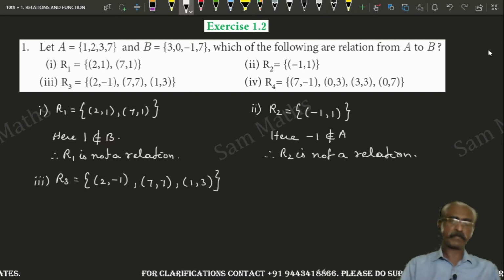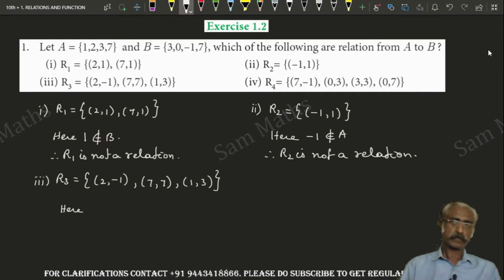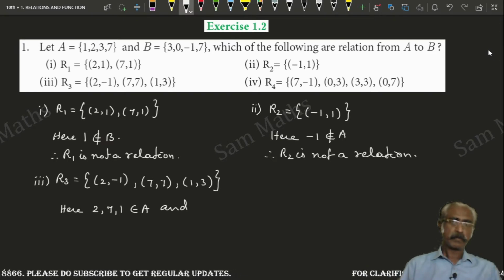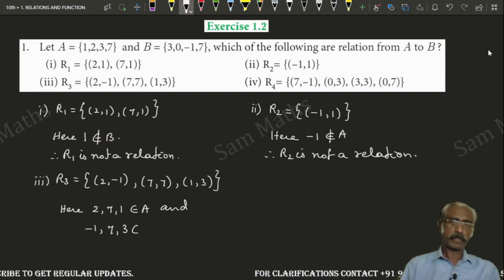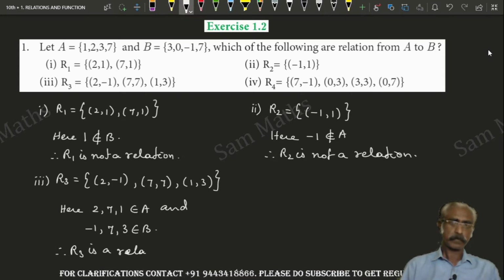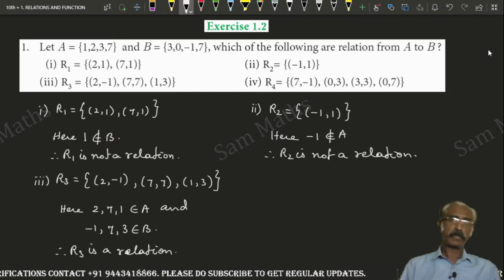All those elements are from B. Here 2, 7, 1 belongs to A and minus 1, 7, 3 belongs to B. Therefore, R3 is a relation from A to B.